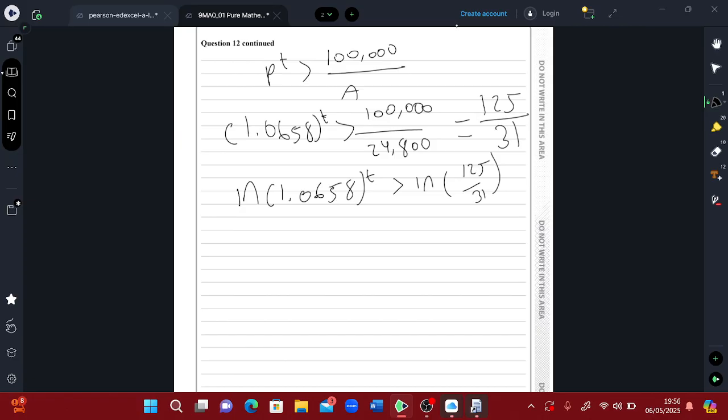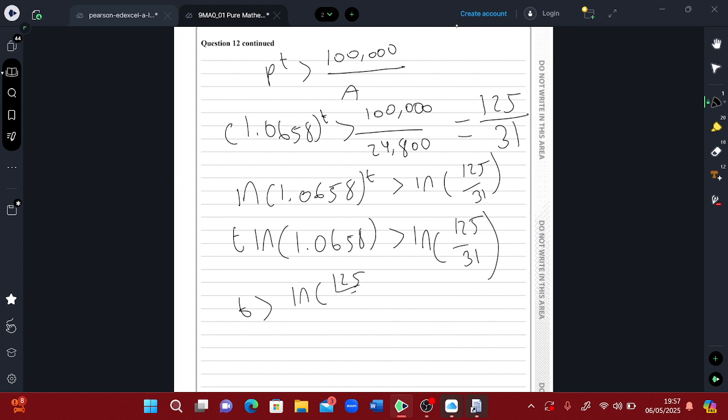Okay, back again. And yeah, so we get this. With log rules, remember, if you have a power, you can just bring it to the front. So t ln 1.0658 is greater than ln of 125 over 31. Then we can divide through by this, so t is greater than ln of 125 over 31, over ln of 1.0658.